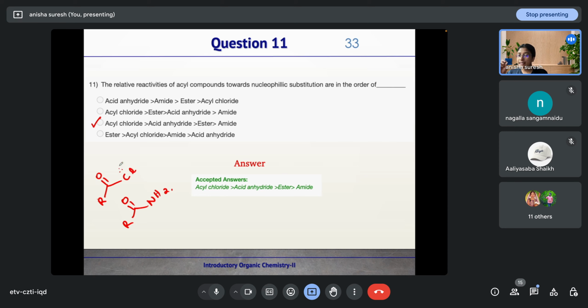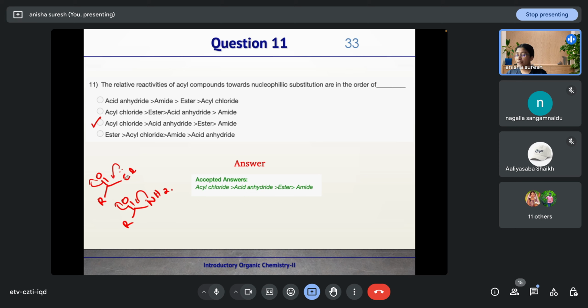Then when we consider resonance, since chlorine and carbon are in different periods, the overlap will not be as great compared to that of carbon and nitrogen.